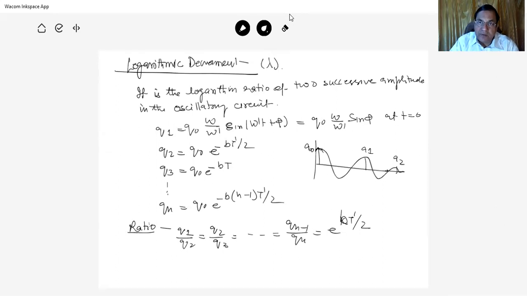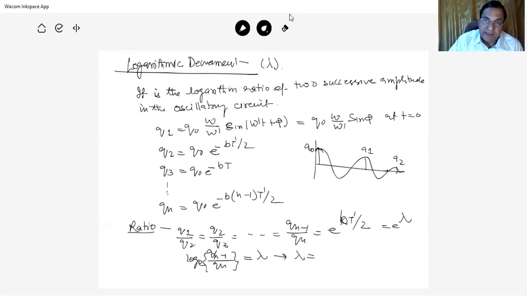So this is nothing but it is lambda, e raised to the power lambda. So log of Qn minus 1 upon Qn is equal to lambda.